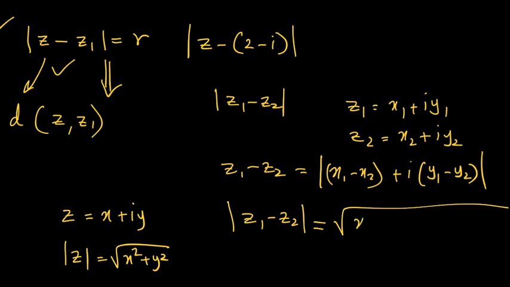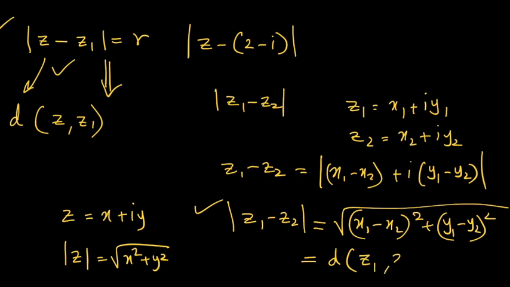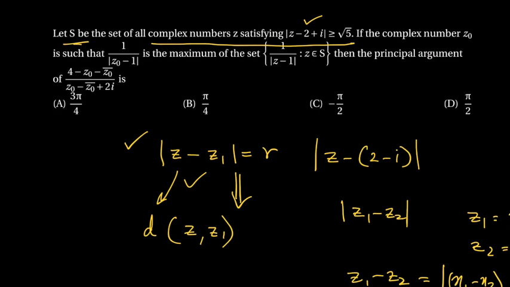So this quantity is root over x1 minus x2 the whole squared plus y1 minus y2 the whole squared. This is nothing but the distance between the two complex numbers Z1 and Z2.